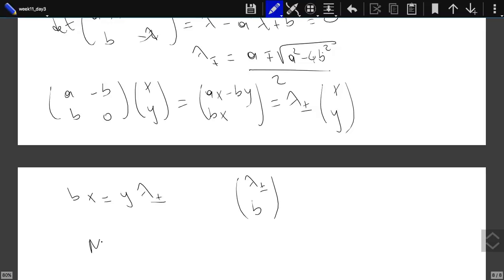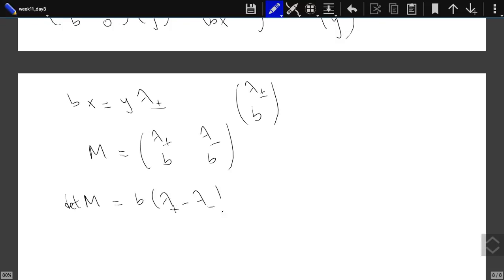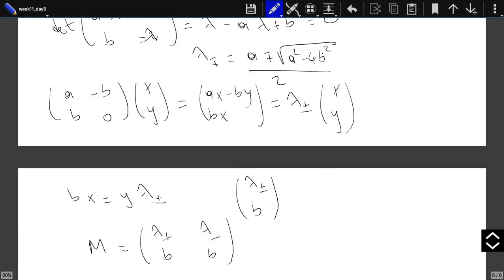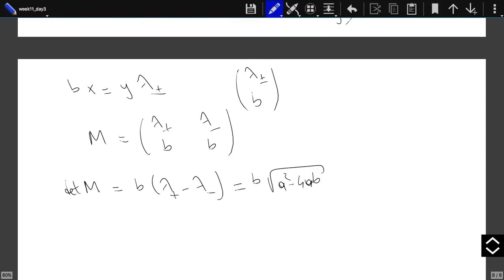The matrix M, we can just write it as lambda plus, b, lambda minus, b. For M inverse, the determinant of M will be b times lambda plus minus lambda minus, which will be b times the square root of a squared minus 4ab. So M inverse will be 1 over b times the square root of a squared minus 4ab.